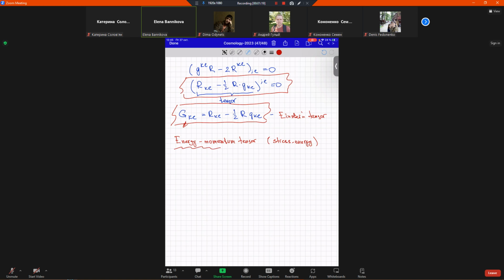So what is the problem? We are ready, and we obtained in principle everything we need to describe the geometrical properties of the space. We already know Christoffel symbols, curvature tensor, Ricci tensor, scalar curvature. All these objects describe the curvature or the properties of the space from one side.